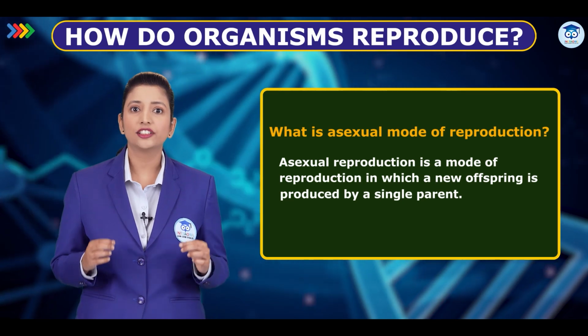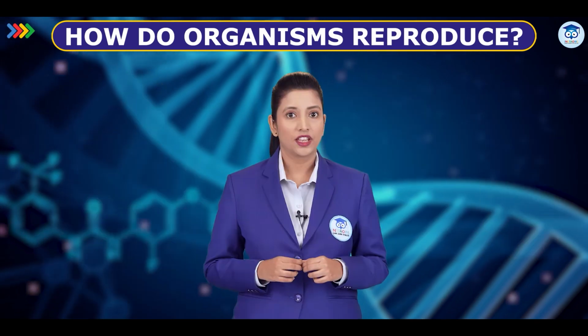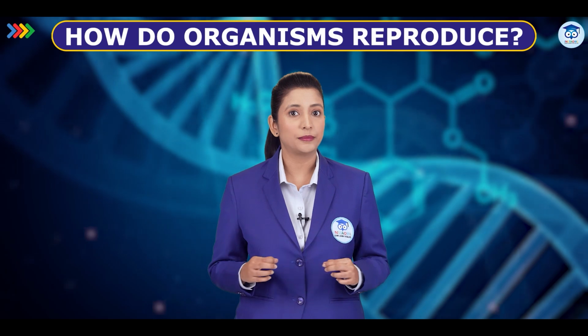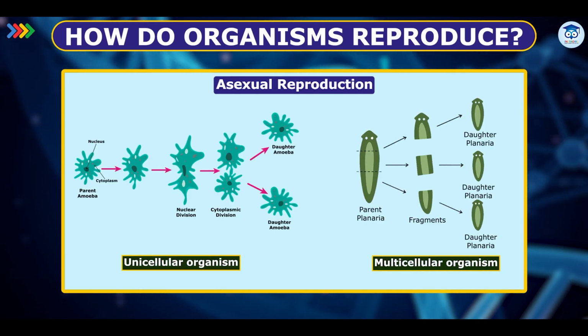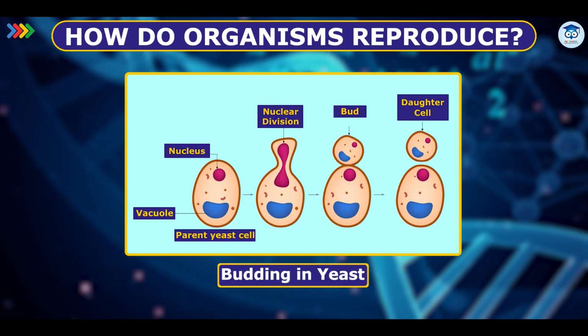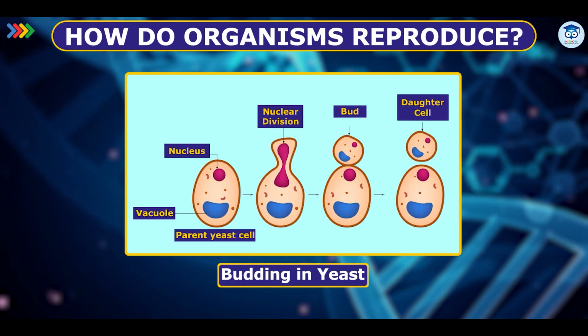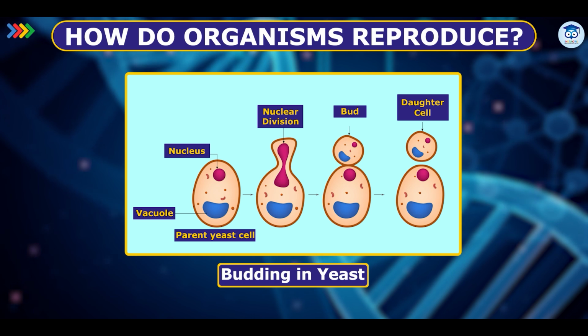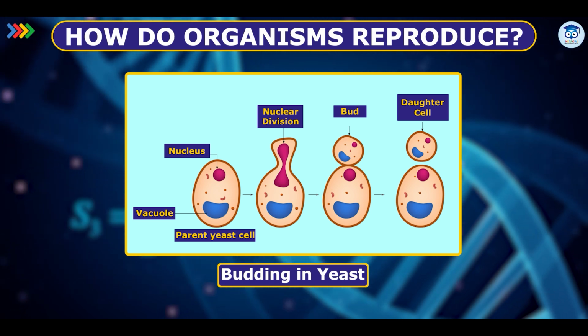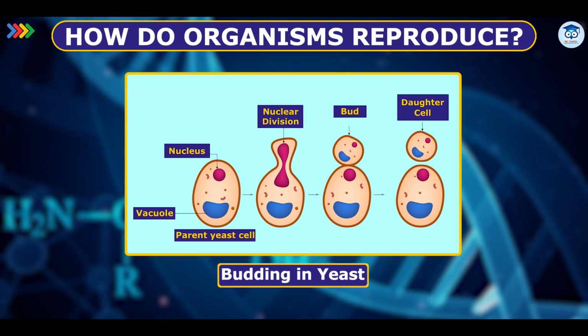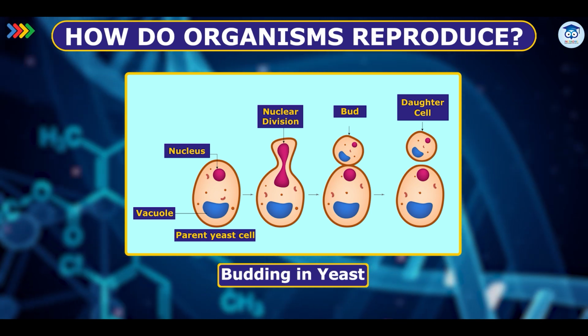That is, they are the clones of their parents. Asexual reproduction can be observed in both multicellular and unicellular organisms. So, budding is also an asexual mode of reproduction where a new organism develops from an outgrowth or bud on the parent organism. We will study this ahead in detail.